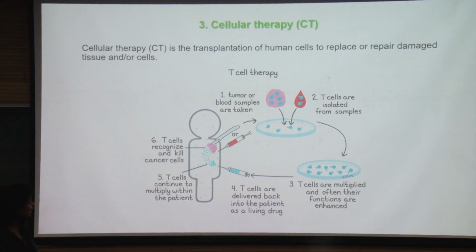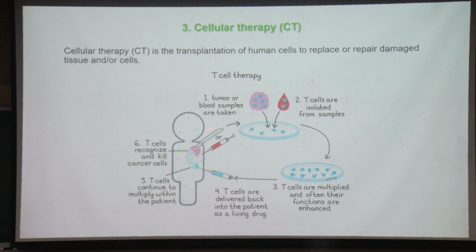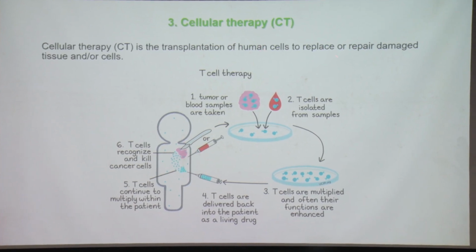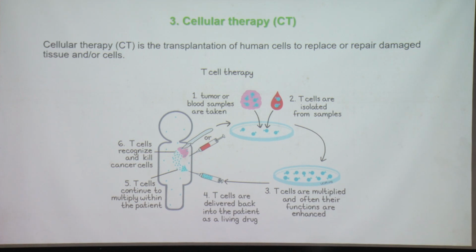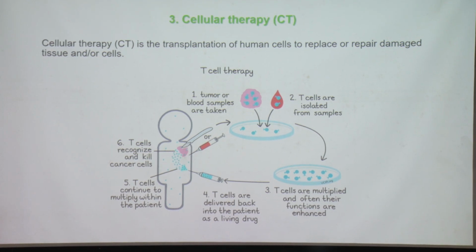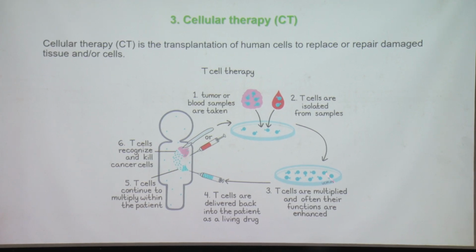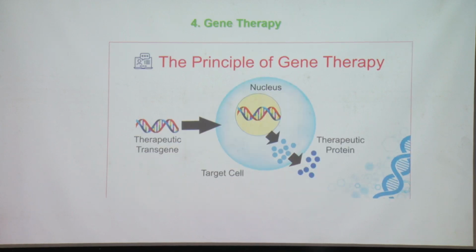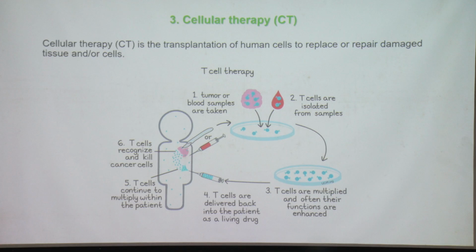Okay, so in that case you can take the T cells from them, take them out of the body, and outside the body you replicate them just like you replicate the cells in a tissue culture plate. So you can make more and more T cells, and then you give it back to the patient, and you can keep on continuing this cycle, so to replenish T cells, right? So that is cellular therapy.